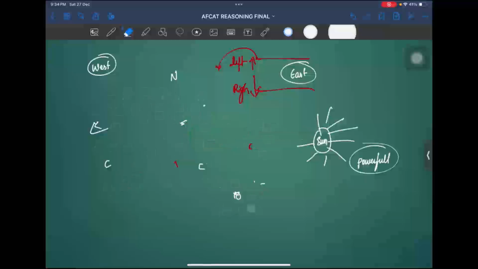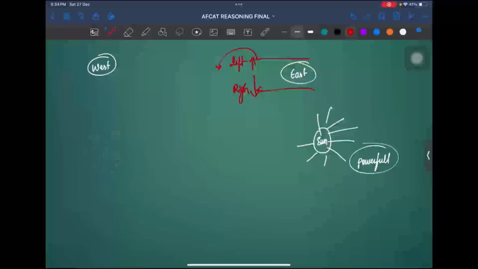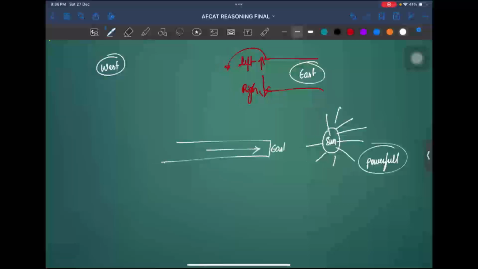A person will never stand towards only one direction, that is north and south. He may stand in the direction of east as well, that is towards the sun. Then when the sun rays come and hit him, they just touch him and move on, towards west.